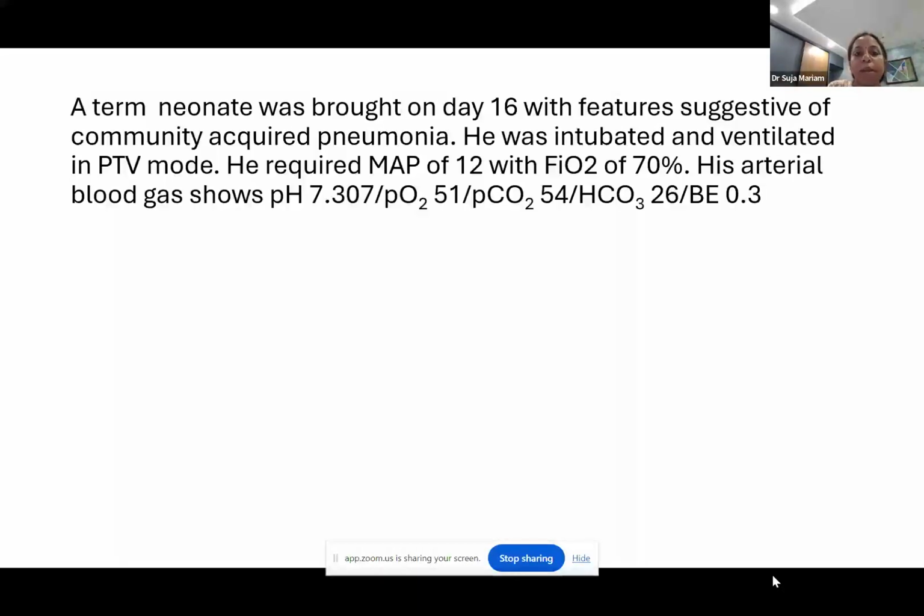A term infant was brought on day 16 with features suggestive of community acquired pneumonia. He was intubated and ventilated in PTV mode. He required MAP of 12 with FiO2 of 70%. His arterial blood gas shows pH of 7.307, PO2 of 51, PCO2 of 54, bicarbonate of 26, and base excess of 0.3.